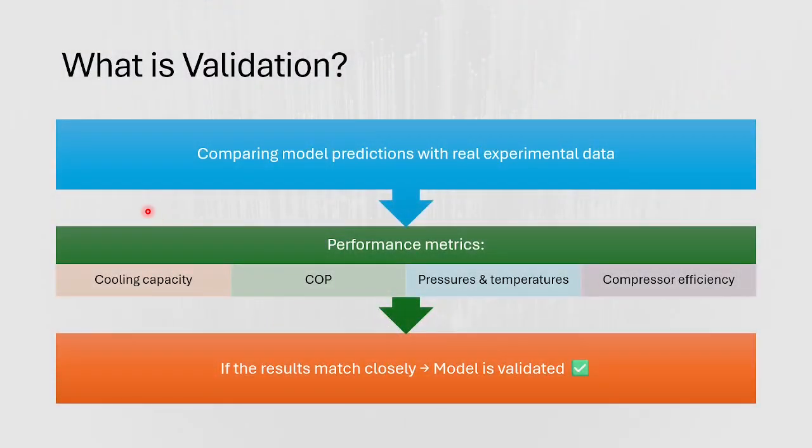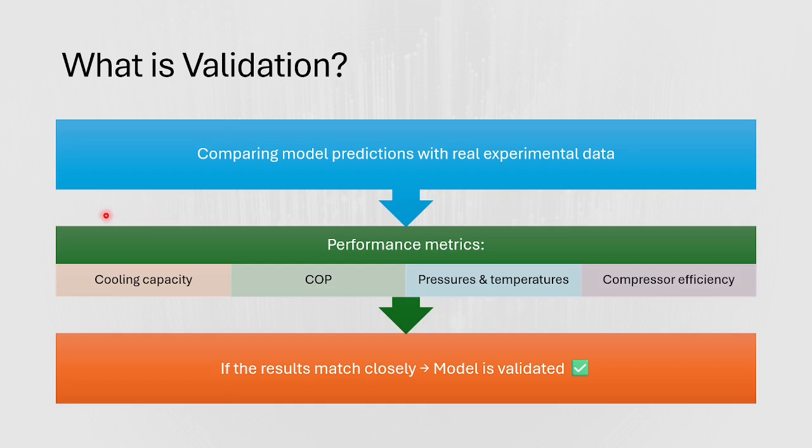So what is validation? Validation simply means checking whether our model is telling the truth. In other words, does the computer prediction match what we actually measure in the lab experiment? Without validation, even the most advanced simulation is just an assumption.